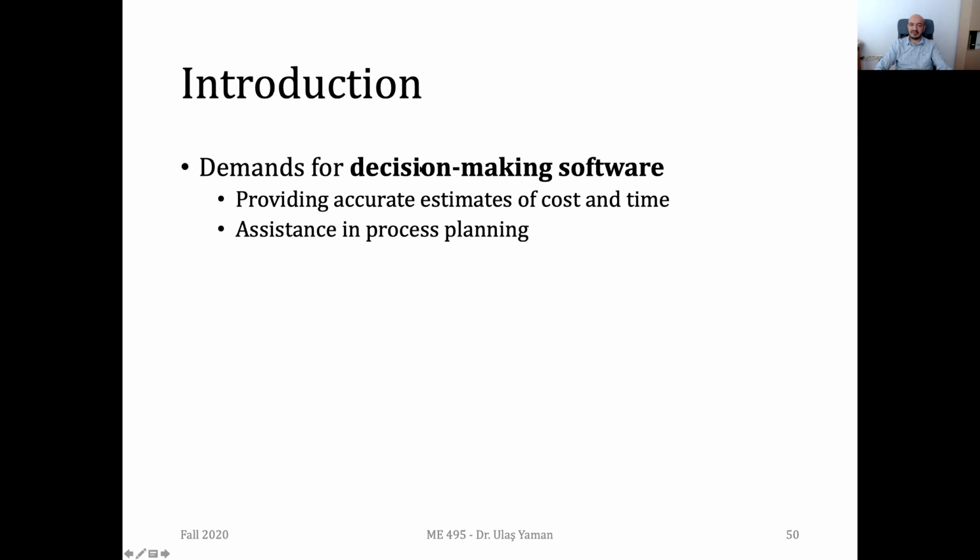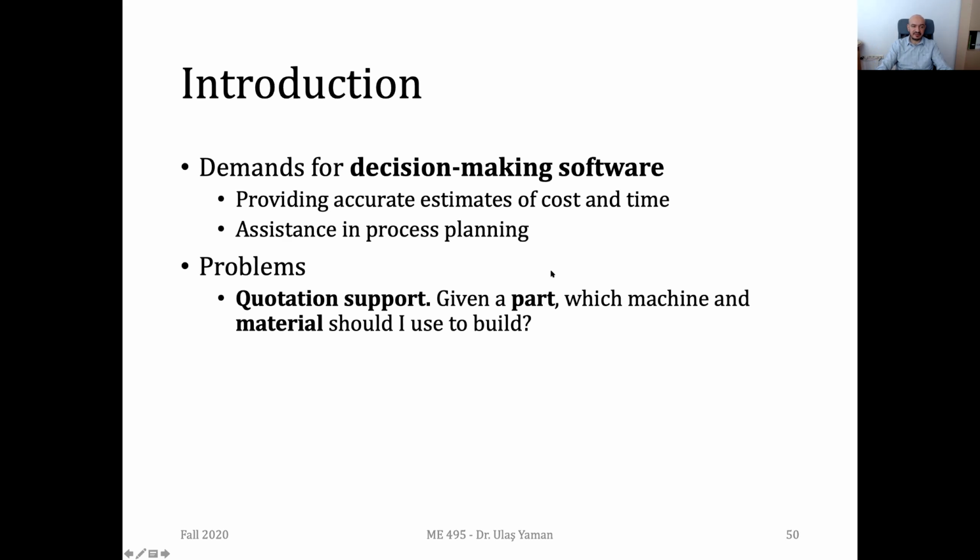And the output of this decision-making software is the cost and the time you need to spend for manufacturing once you use any kind of machine. And they may also assist you in planning the processes, so they are quite useful, especially if you are not aware of all the properties of some specific additive manufacturing technologies.